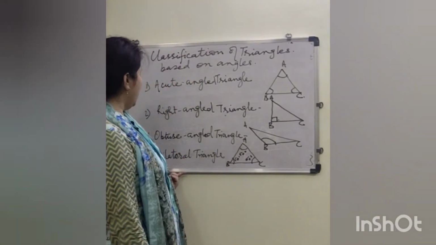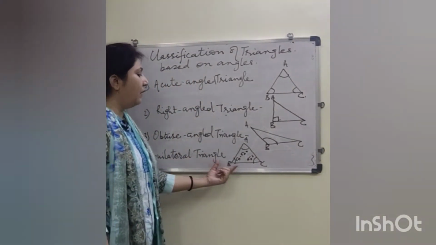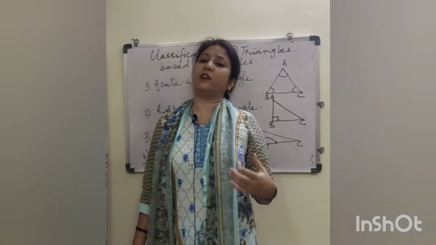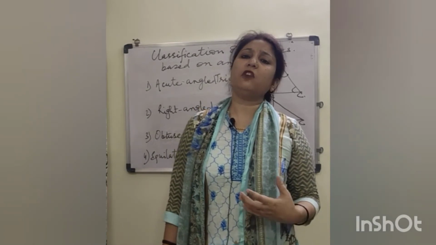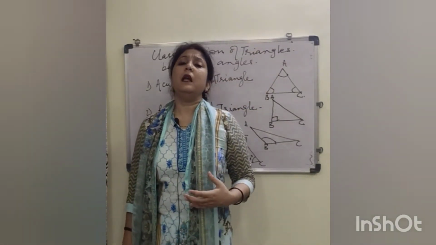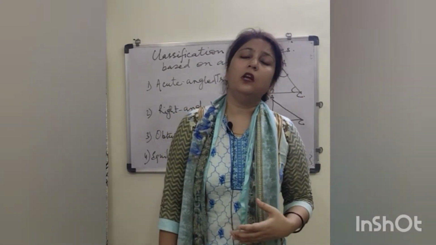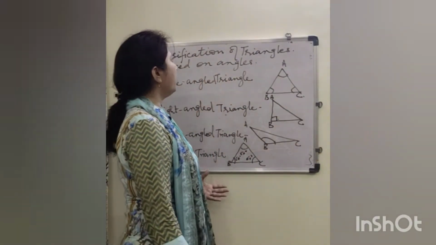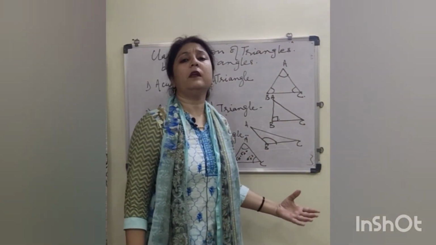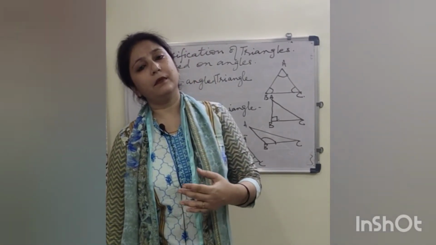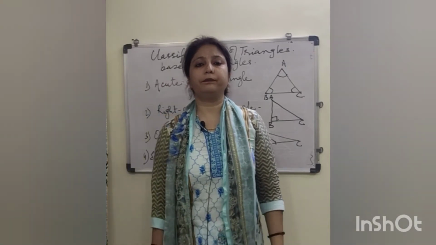Last comes equilateral triangle, when in a triangle each angle measures 60 degrees. It is known as equilateral triangle. So here is a classification of triangle based on its angles. I hope I am clear to you all.